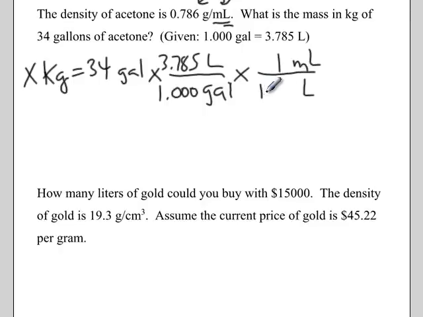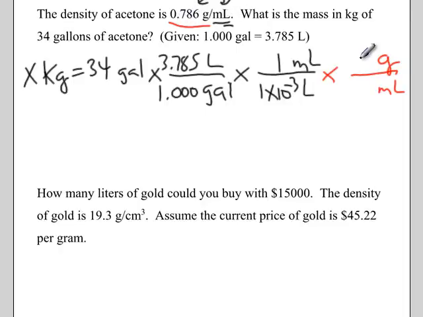Milli is 10 to the negative third, so that goes on the opposite side as the prefix m. So we turn gallons into liters, then liters into milliliters, and now we can use this density conversion factor to turn our milliliters into grams.